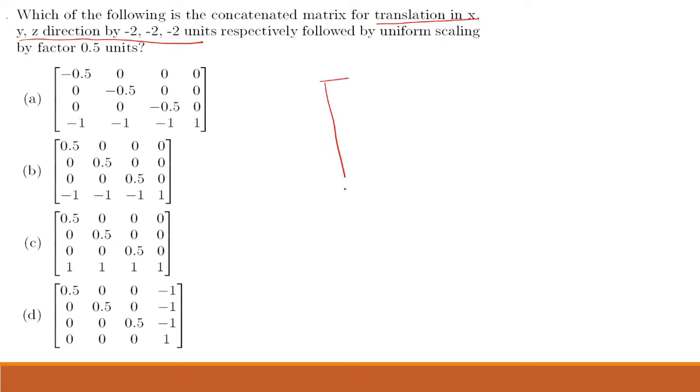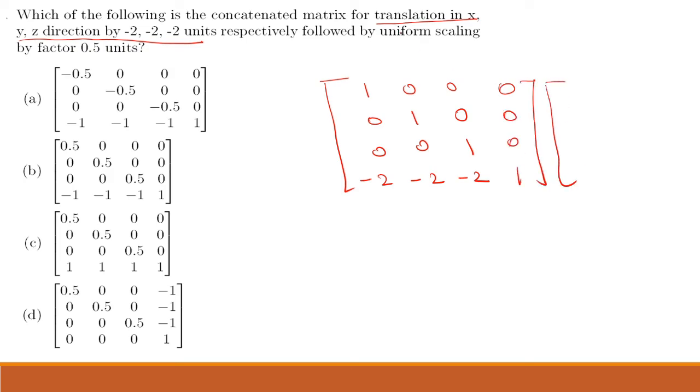So what will be that matrix? Already you are aware about the general translation matrix. In the general translation matrix we have lmn, and here the values of lmn are what? -2 -2 -2. Okay, so -2 -2 -2, and the last will be 0 0 1.